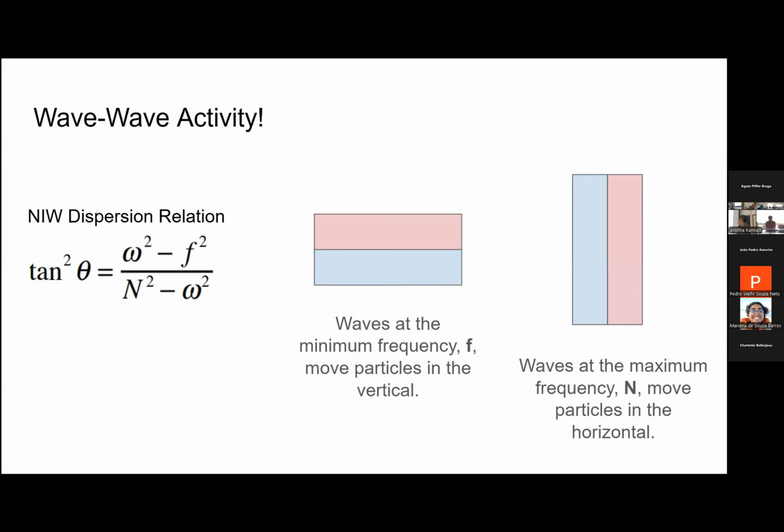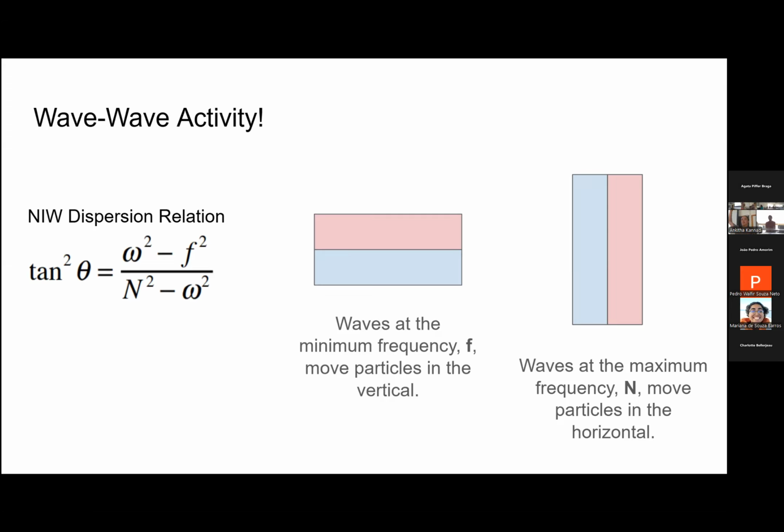Opposite to that, the highest frequency is the buoyancy frequency. That's the case where the particles are just moving straight up and down, and in the limit they're not making an ellipse, they're just making a straight line. So the restoring force in that case is just buoyancy.